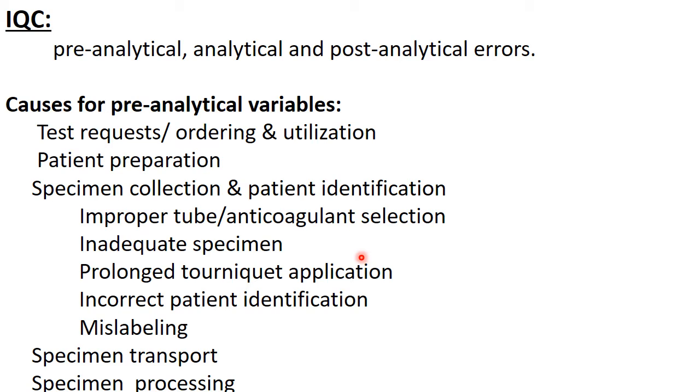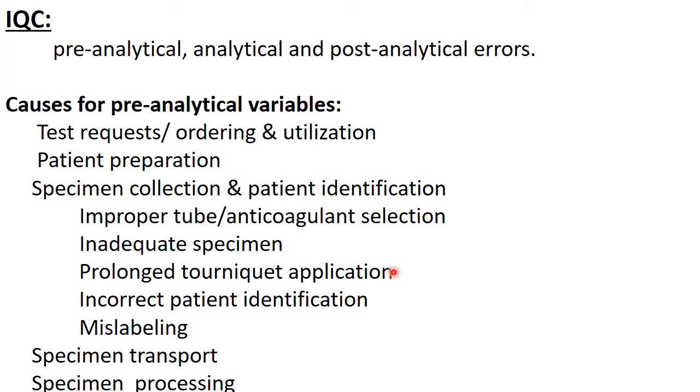Icteric means a jaundice specimen can also be seen. Specimen collected at the wrong time. Example, if a lipid profile was asked, then it should be collected in a fasting blood sample. So these are the mistakes seen under inadequate sample.